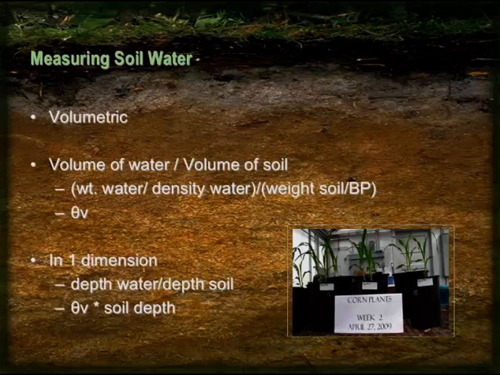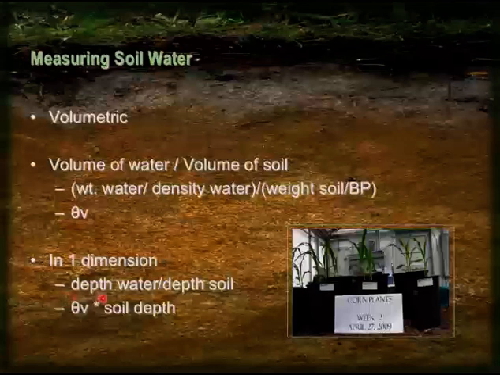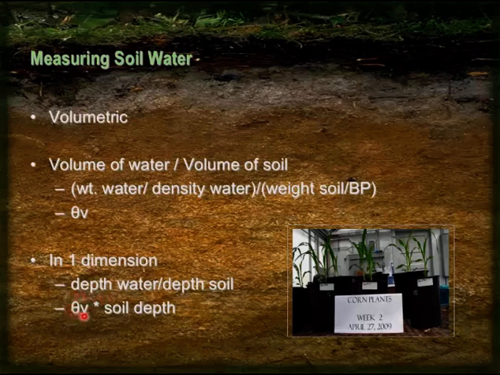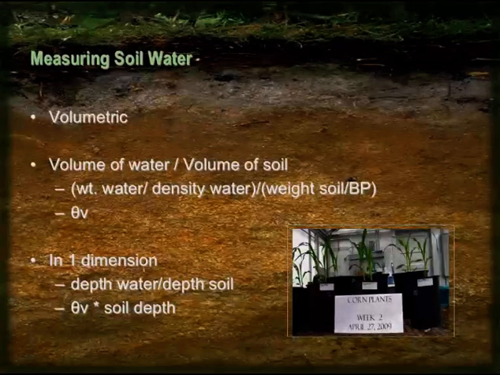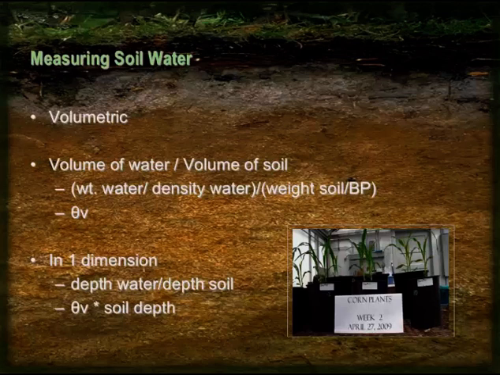The way we do that is we take this volumetric water content and simply multiply it by the soil depth. Let's say you have a volumetric water content of 10%, and you want to know how much is in a foot of soil. You take 10% or 0.1 times 12 inches, and you're left with 1.2 inches of water. That's using volumetric water content to determine how many inches of moisture are in the soil.